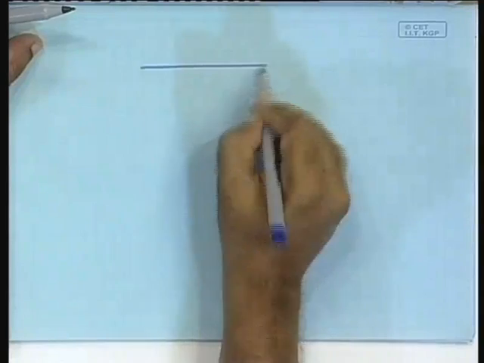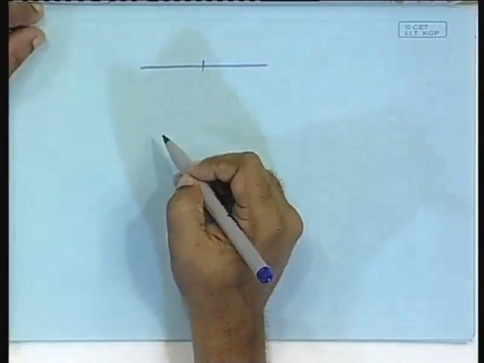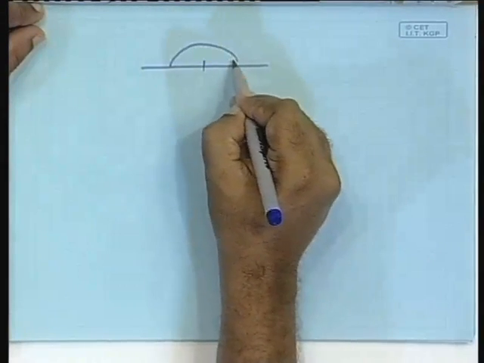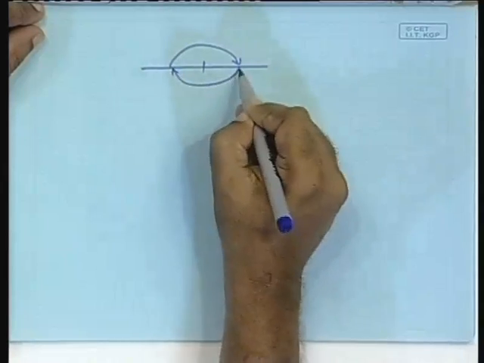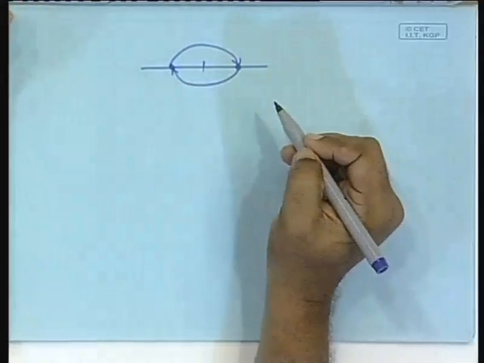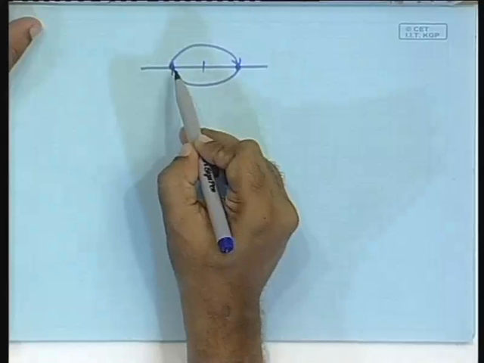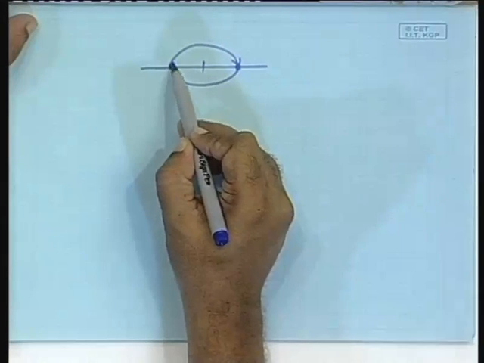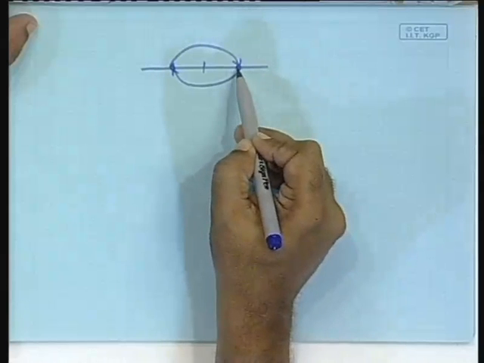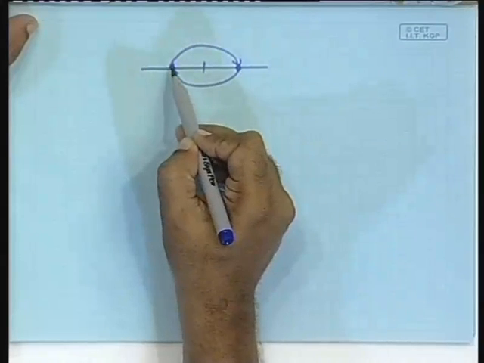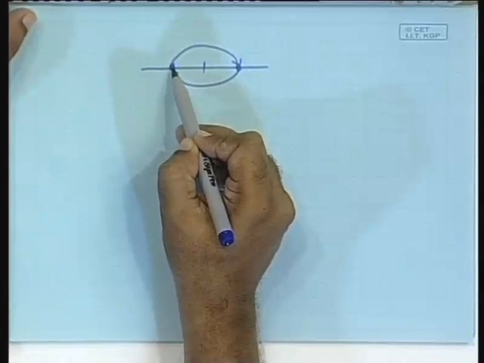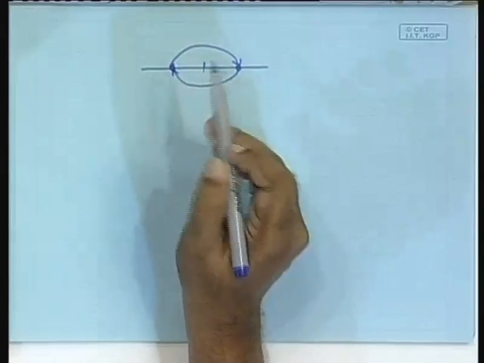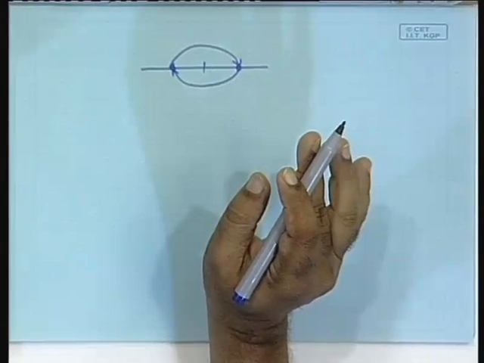How will you check if the period 2 orbit will exist? Simple, you have got the real line, this is the 0, period 2 orbit means something like this. So, start from a point in the left, apply the left hand map, come to the right, apply the right hand map, come to the left, and then equate x n to x n plus 2, y n to y n plus 2. Okay.